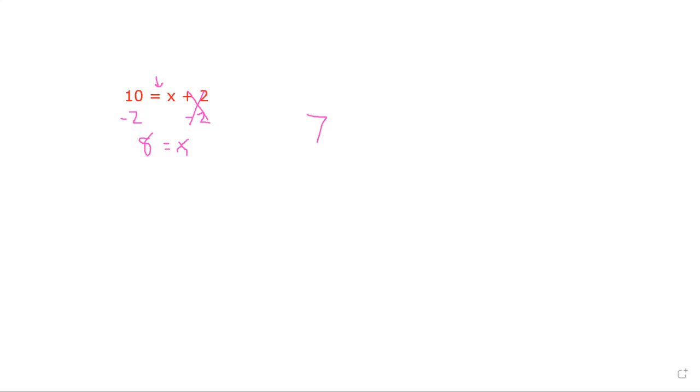Let's say I got 7y equals 49. This one is multiplication. And you see my coefficient is 7. So what's the opposite or inverse operation of multiplication? It's division. So I'm going to divide by the coefficient, 7 divided by 7.